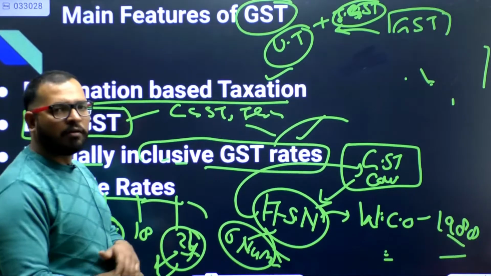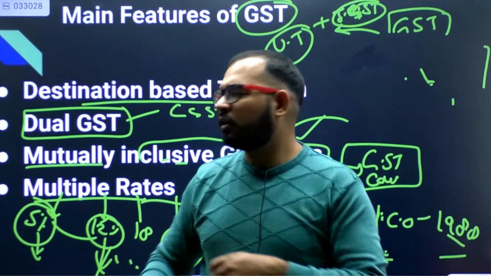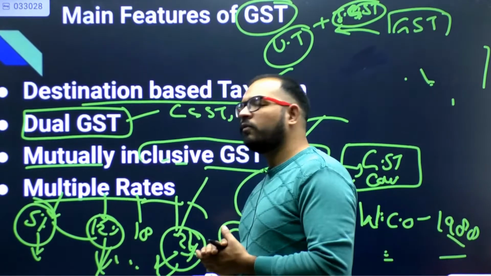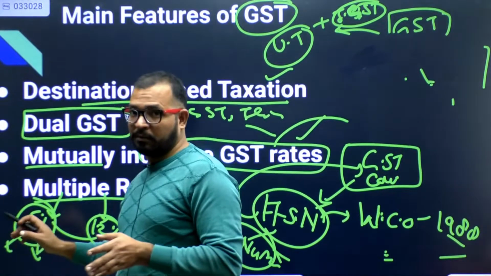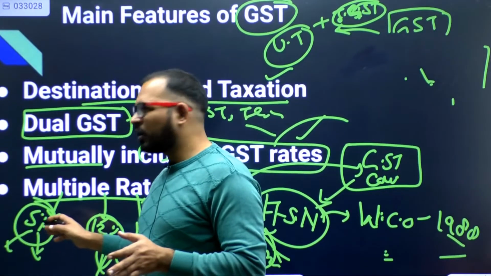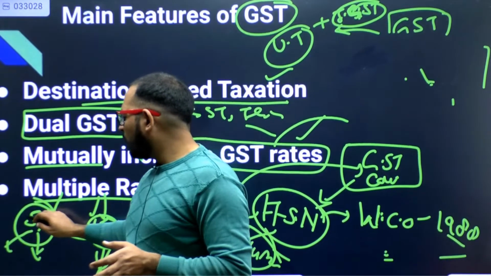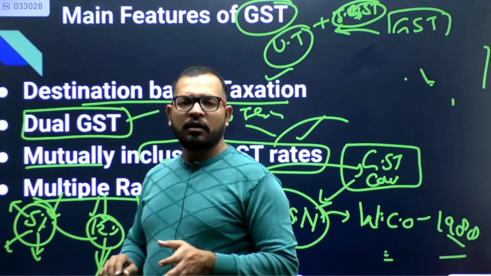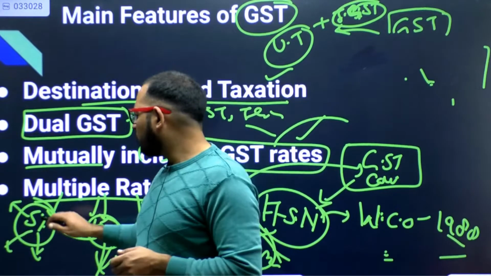Let's say you have purchased a Mercedes Benz, so here it will come under the 24%. Let's say you have bought a bicycle, so the bicycle will come in the 12%. Let's say you have bought some kitchen utensil, it will come under 5%.